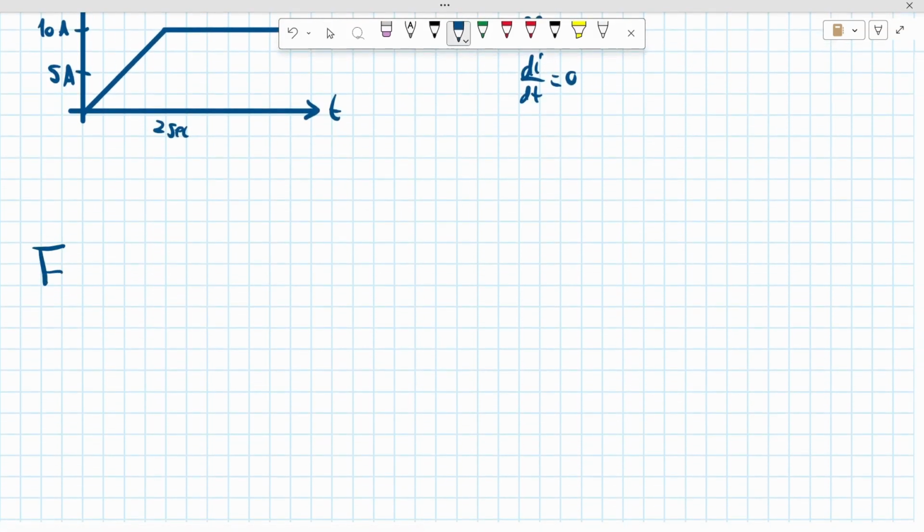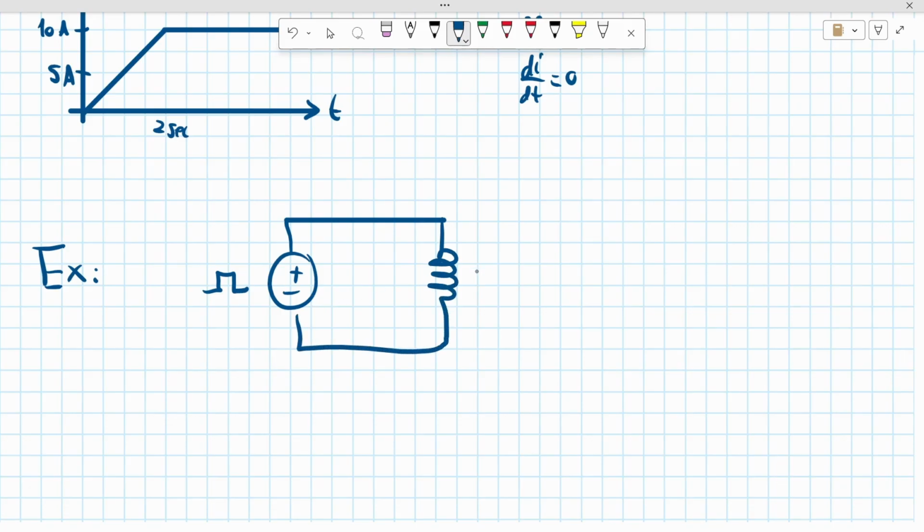Another example. This is some voltage right here, and this voltage is a square wave across the inductor. What does a square wave, oscillating between 0 and 5 volts, right?